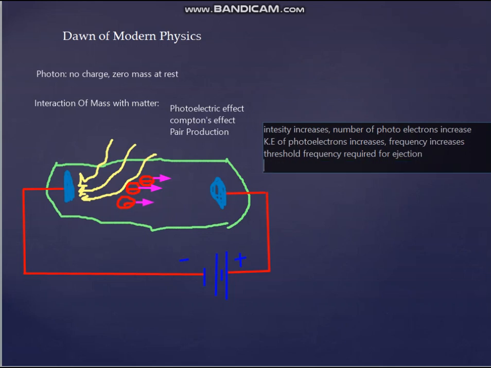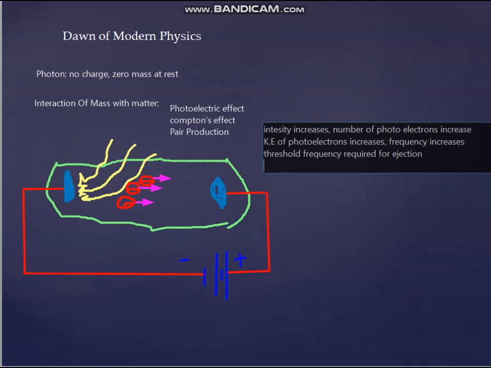Okay. So what's the threshold frequency? As I've explained earlier, it is the minimum frequency required for the ejection of electrons. If the frequency is less, there will be no photoelectric effect. And there's a threshold wavelength.